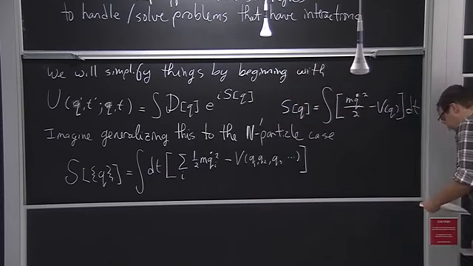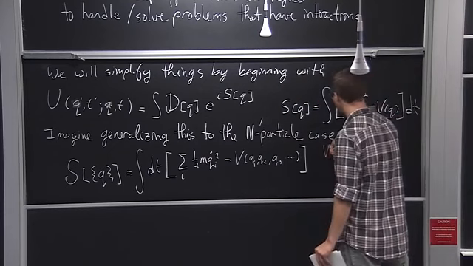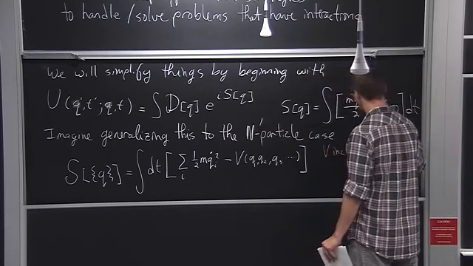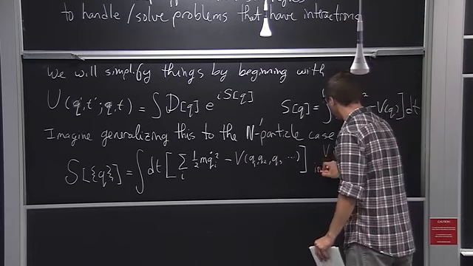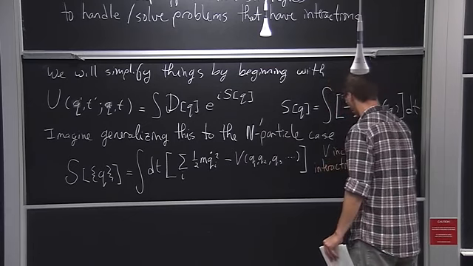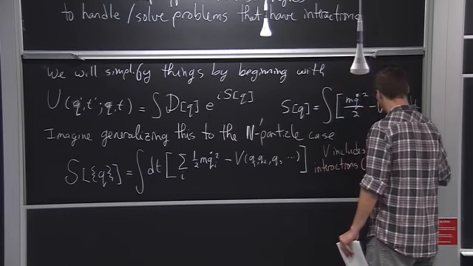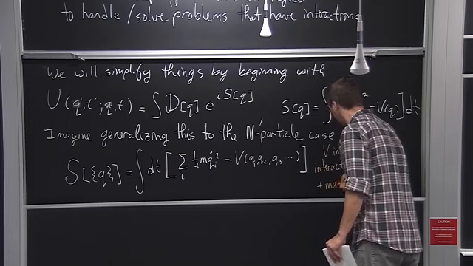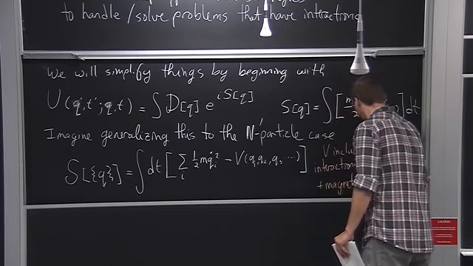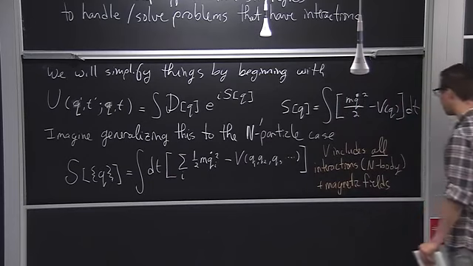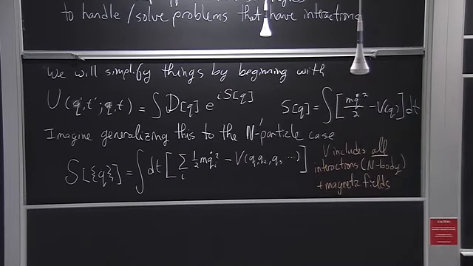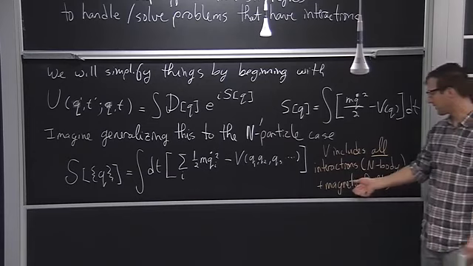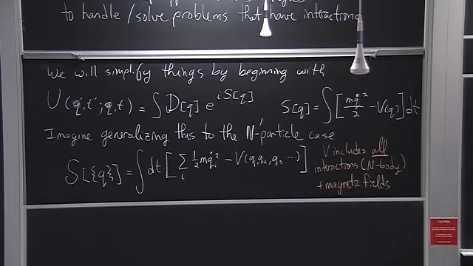So the potential includes all interactions plus one body or field type interactions. I don't know why I said magnetic. Just any sort of field or chemical potential or anything like that. So we'll make some assumption about the form of that in a minute.